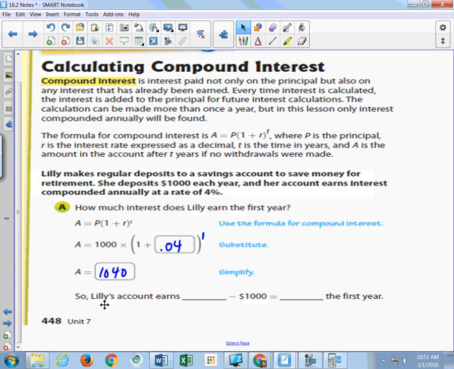Okay. So this means Lily's account earns $1,040 for the first year, and then subtract 1,000. So that's $40 for the first year. Okay. And now I say the first year because you'll see what I mean, because it's going to change every year after that since we're doing compound.